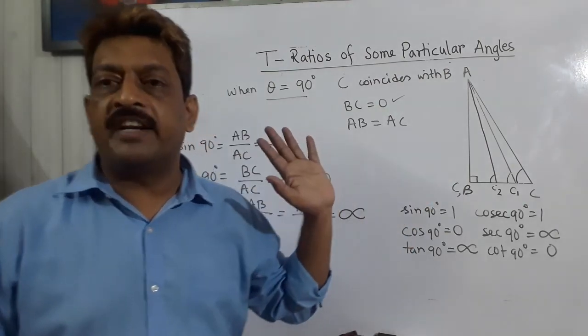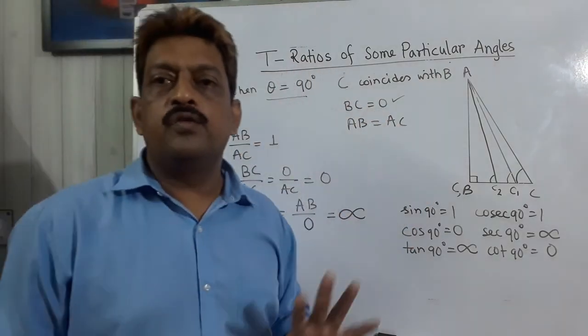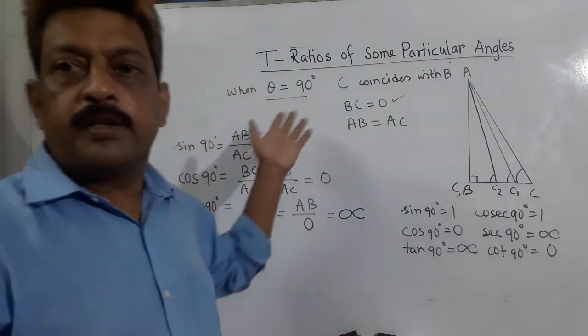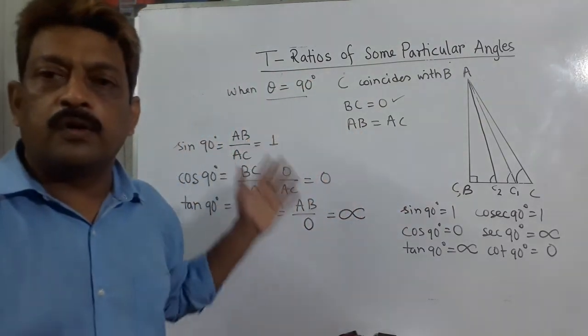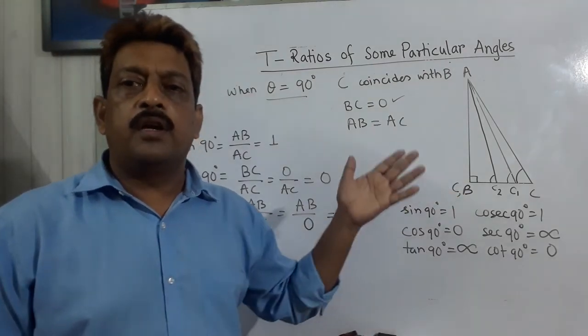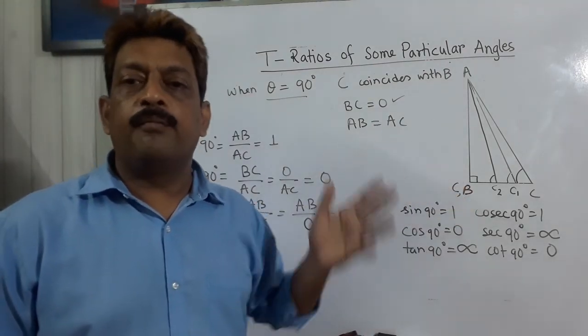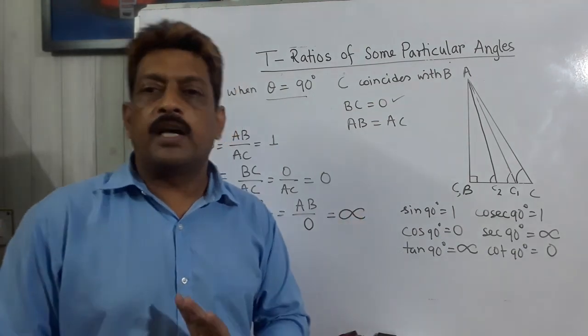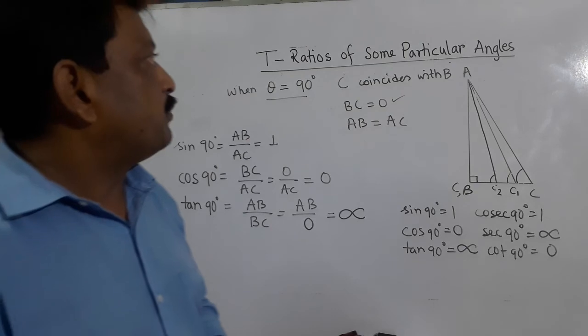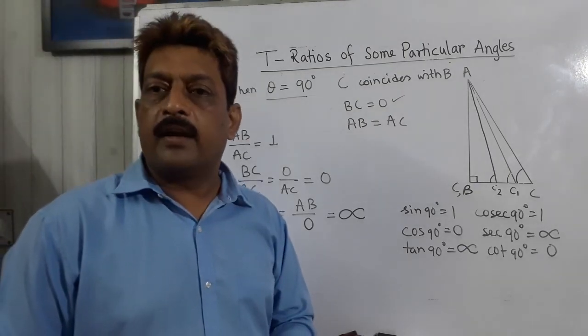Means we have to draw a triangle and use the concept of sin theta, that is perpendicular upon hypotenuse, cos theta, that is base upon hypotenuse, and tan theta equals perpendicular upon base. So in this way we can calculate the values of all the trigonometric ratios of these standard angles.